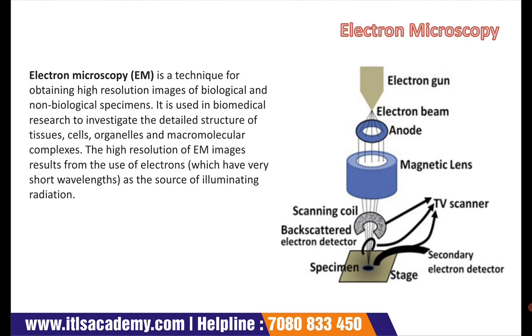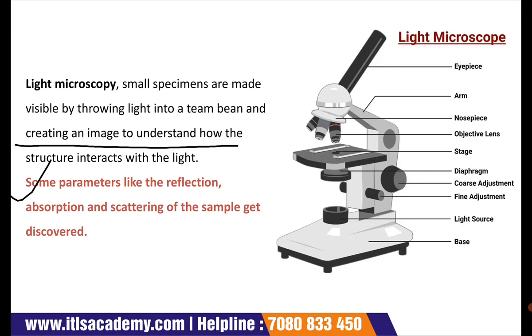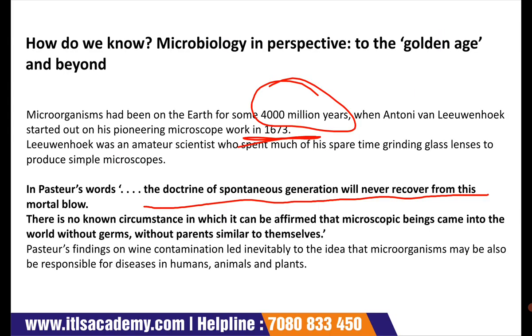This is how electrons basically work. In the next lecture we will study in detail where you put the slide, how it generally works, and how the image is created. So this is all about the overview of microscopy.